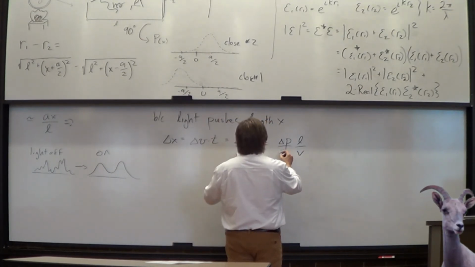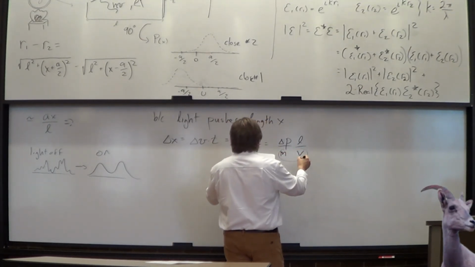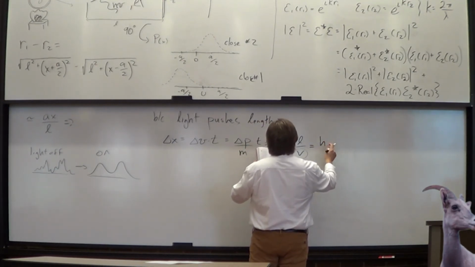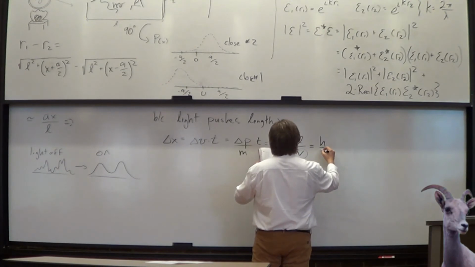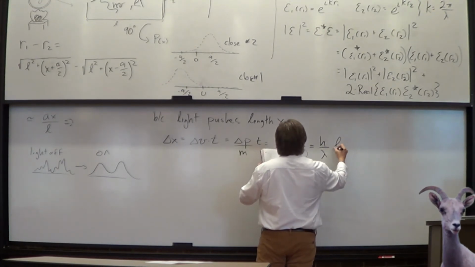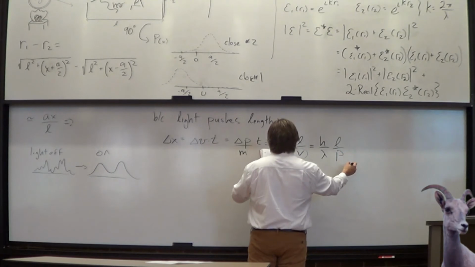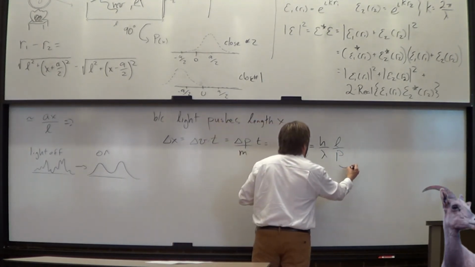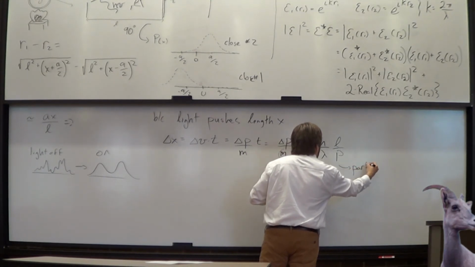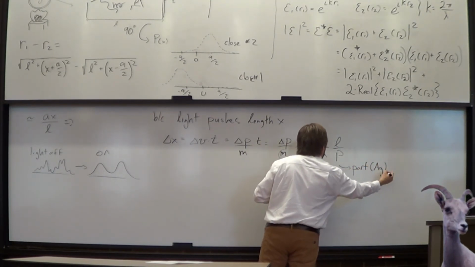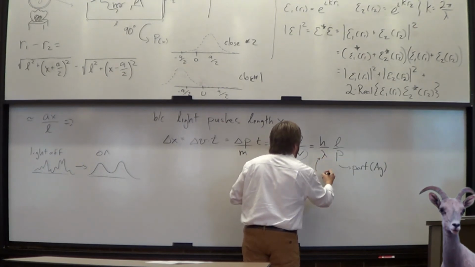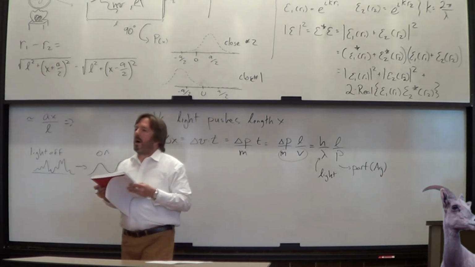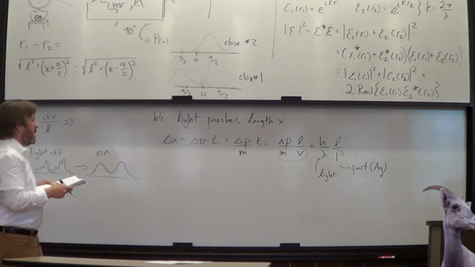Now what I can do is, that's the momentum of the particle, by the way, and I know that the momentum of light is h over lambda, and what you're left with is L over the momentum of the particle. So that's the particle, our silver atoms, and this is light. This would be the maximum momentum push you could possibly get, the full momentum of light itself.